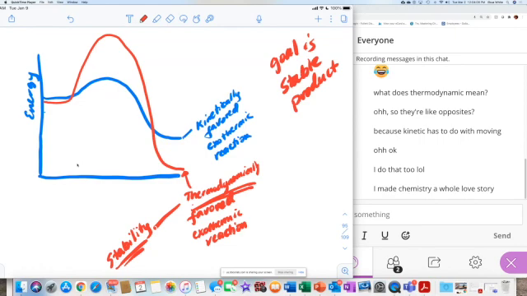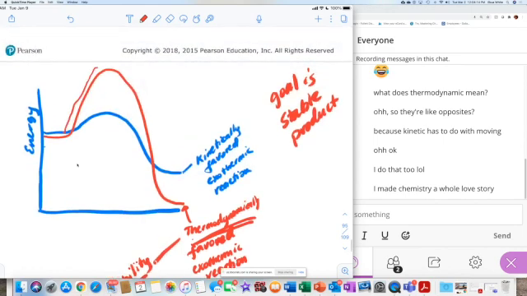So you can argue good things are worth waiting for. They take a lot of energy. You have to put a lot of work into it. You have to overcome the higher activation energy barrier. But in the end, it's worth it because you get a more stable product versus quickly gained.